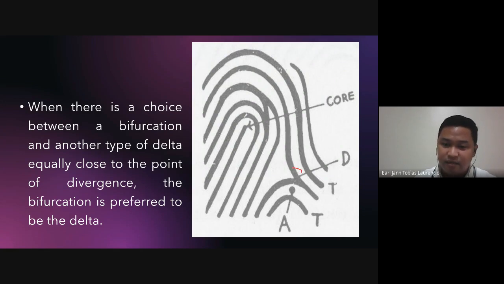This one that I am encircling with red color, a bifurcation, and this one in the yellow circle, a ridge dot. They are both located on the point of divergence of the type lines. Okay? However, the bifurcation was selected as the delta of the pattern and not the ridge dot.